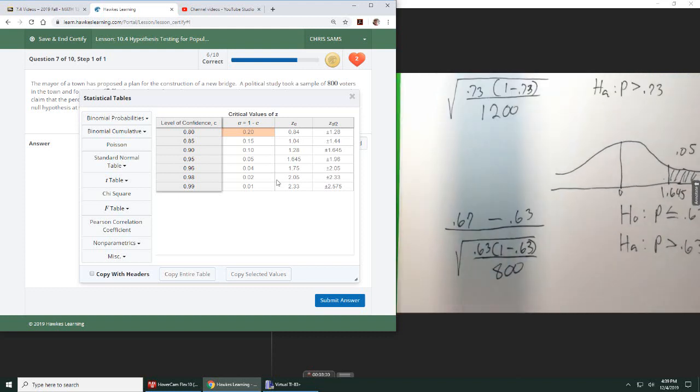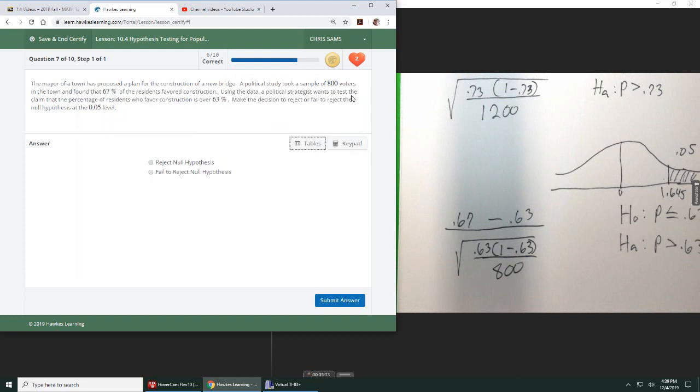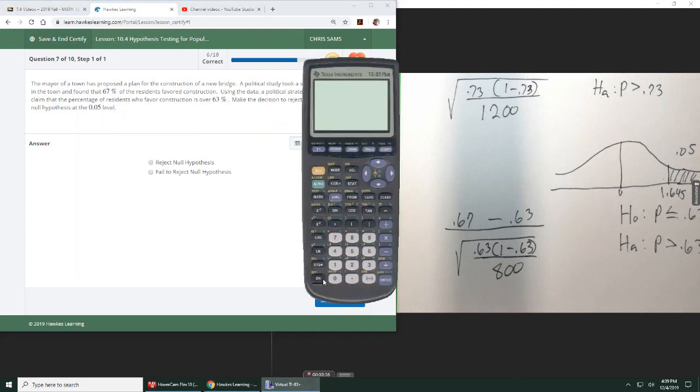Okay, so we're going to compute this and find our test statistic. Clear out, parentheses, we're going to do 0.67 minus 0.63, close, divided by, open parentheses, square root, 0.63, and then open parentheses, 1 minus 0.63, and then divided by 800, our sample size, close twice.